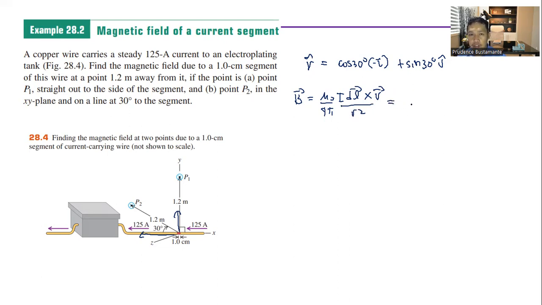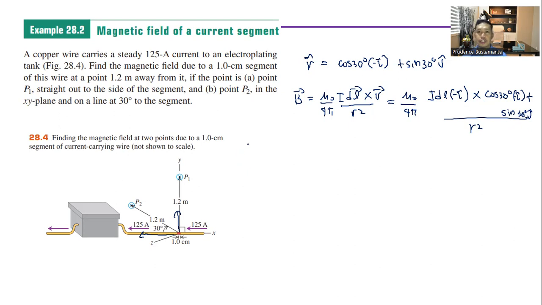So this is equal to mu naught over 4 pi I. Our dl here is along negative i, so this is cross r hat, which is negative cosine 30 degrees i hat plus sine 30 degrees j hat, over r squared.